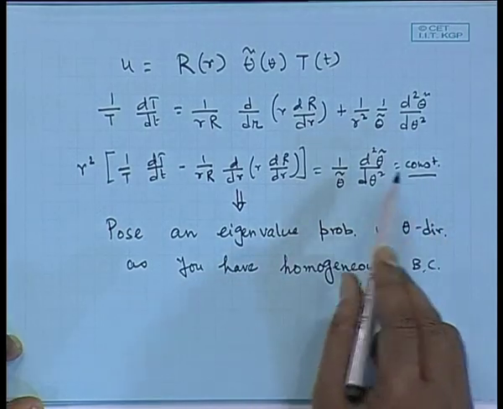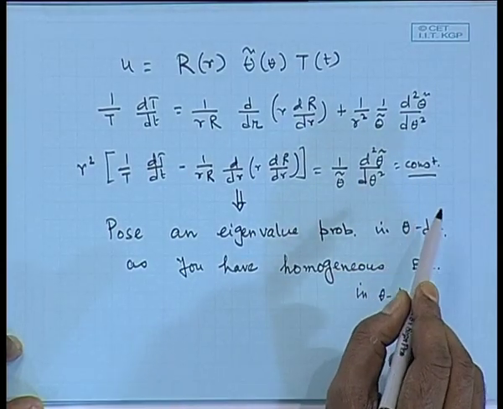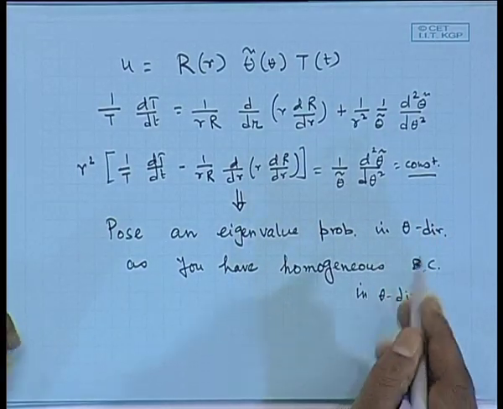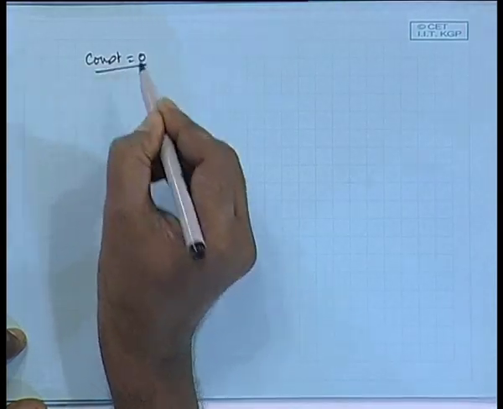Okay. Now, this constant can be 0, positive or negative. Now, let us consider the constant is equal to 0.